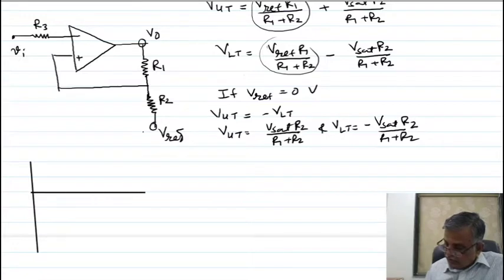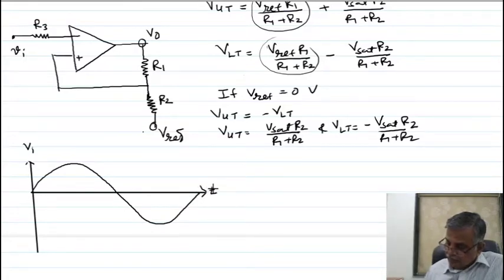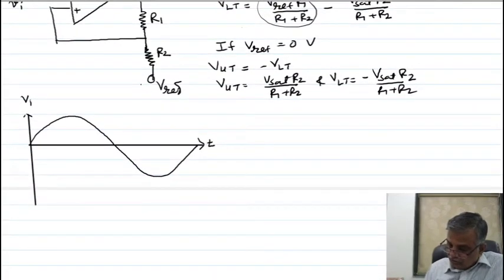Suppose this is your input waveform, your sine wave input waveform, plotted with time, and I want to plot the corresponding output waveform.